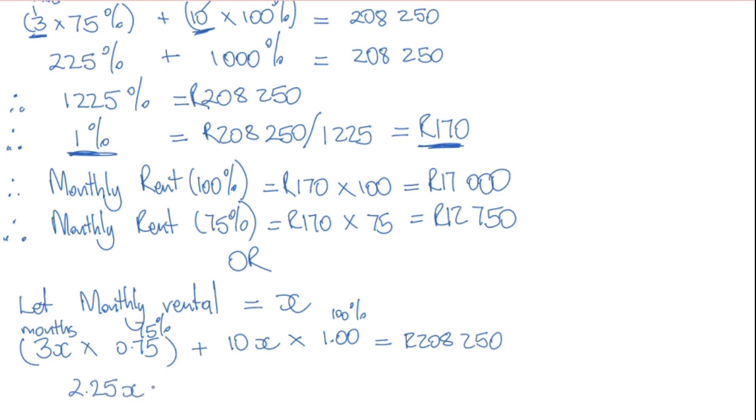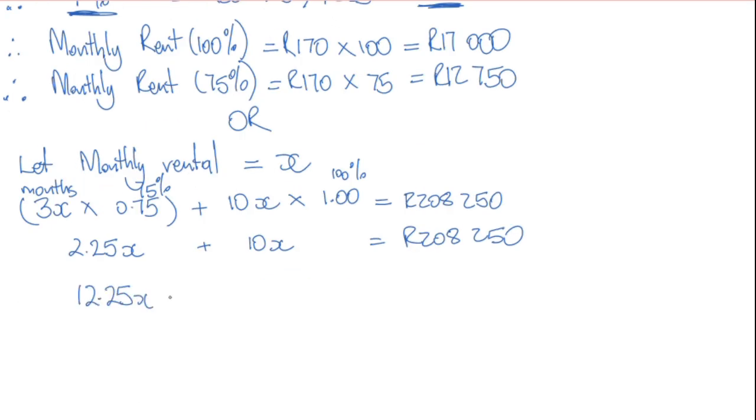Then you have 2.25x plus 10x equals to 208,250 rands. To then isolate the x, the monthly rental, so that it becomes the subject of the formula, because we want that figure to be alone, we then divide both sides by 12.25.